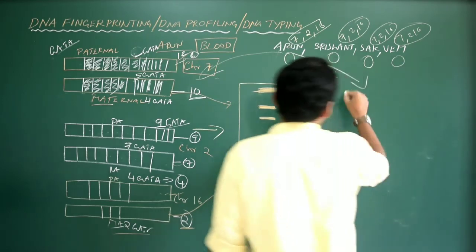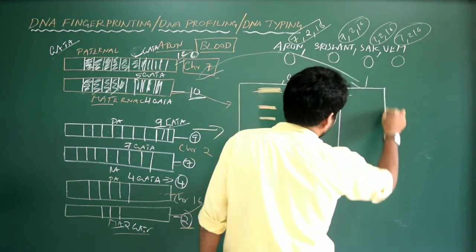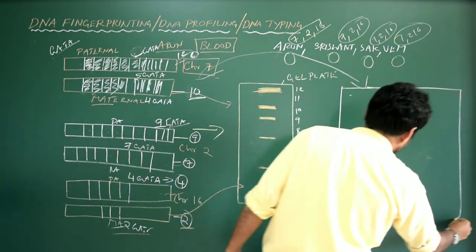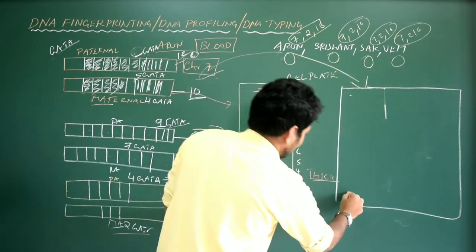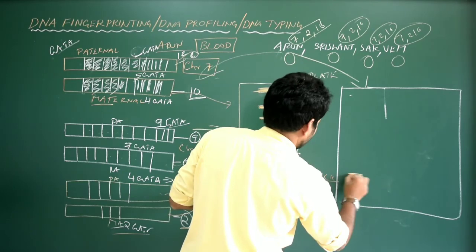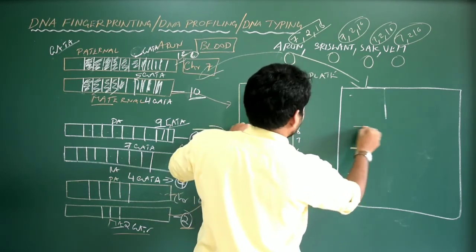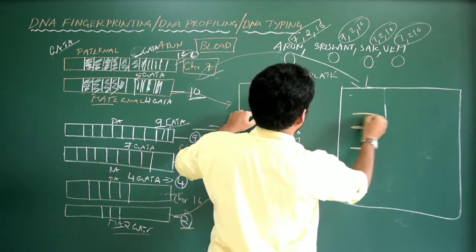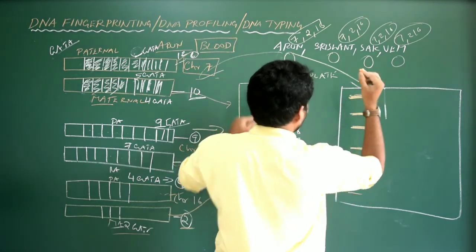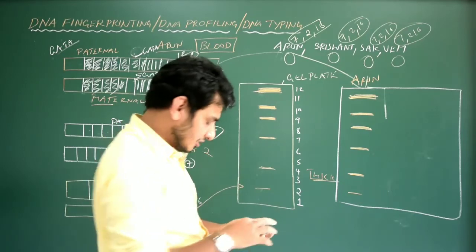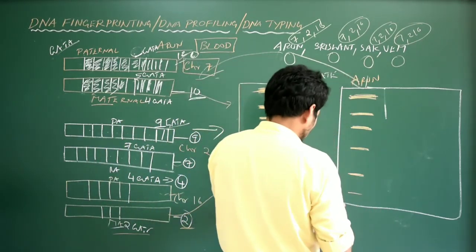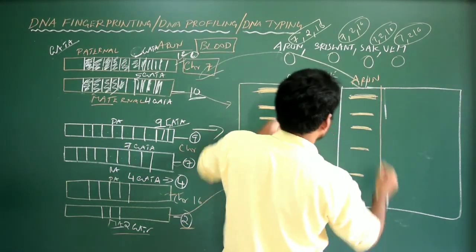Okay, now let me just draw a big agarose gel plate, and in this case Arun. Okay, this is me, Arun. They are doing the DNA fingerprinting, and let me just give Srishant. Okay, so let me just divide it now. Srishant.